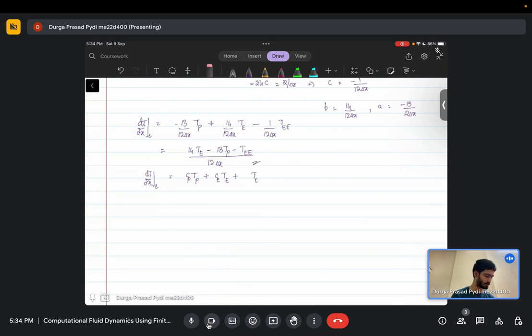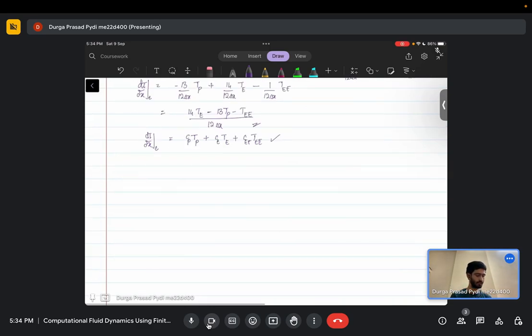Maybe I'll write C double east, T east east. So on the east face it will be some expression of this kind, and similarly on the west face you will have some coefficients, with something on the west cell and west west cell.